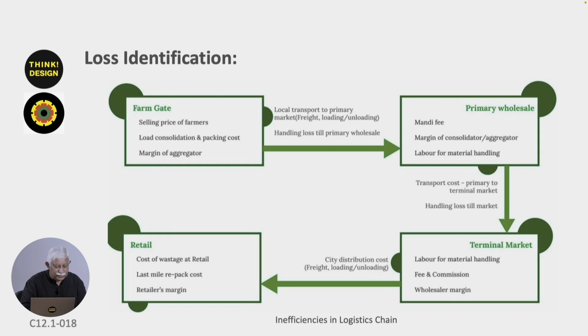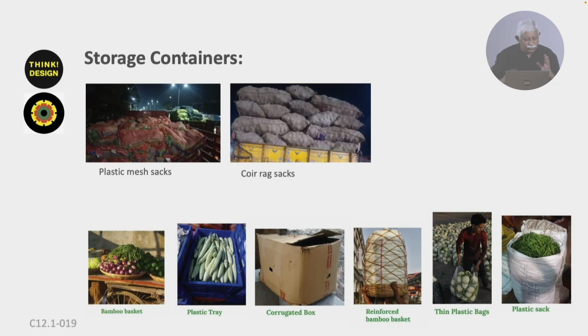For example, what happens at the farm, what happens at the primary wholesale place, what happens at the marketplace, and finally at the shop level. Each one brings it into a bigger picture of loss identification. If you look at storage containers, they came in all kinds, from plastic mesh used to make sacks to coir material made like gunny sacks.